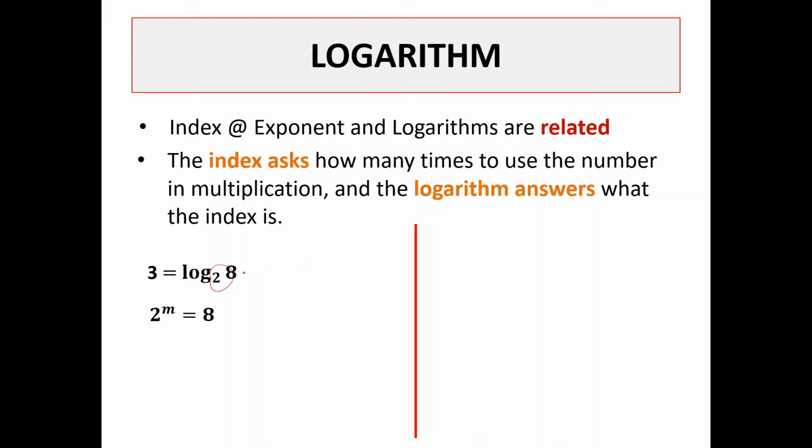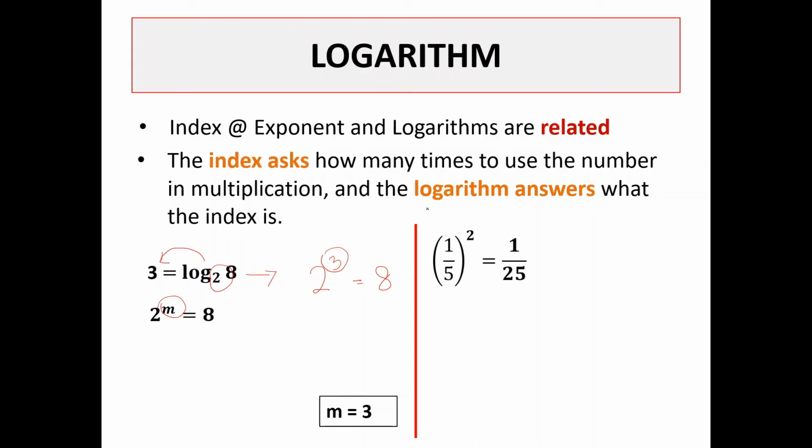When it goes to the other side, it becomes the base for the index. So 2 to the power of 3 equal to 8. We can just compare, and now we have m equal to 3.